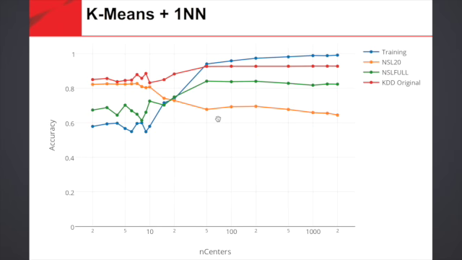The next way I tried is to first use k-means to generate several templates, and for all the test sets, I use one nearest neighbor to classify. This chart is quite interesting.